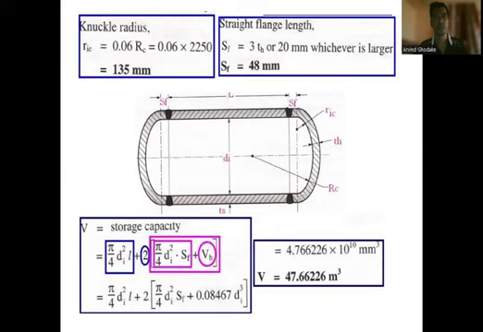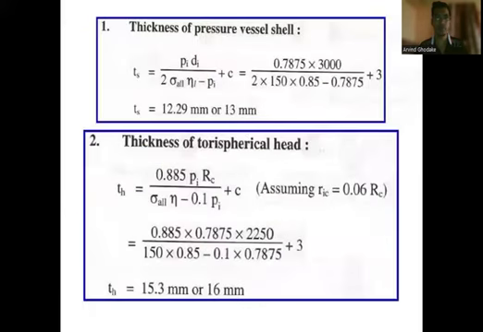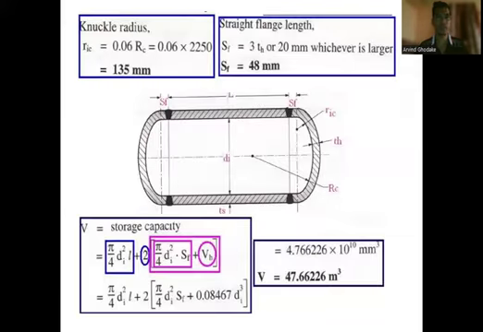Then for the straight flange length, SF is equal to 3 times the thickness of the pressure vessel shell or the spherical head, or 20, whichever is the larger. Therefore, SF is equal to 48 mm. Then the storage capacity of the vessel is equal to pi by 4 Di square into L, plus 2 times pi by 4 Di square into SF, plus VH.